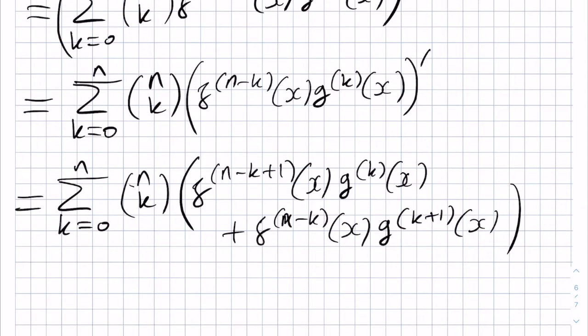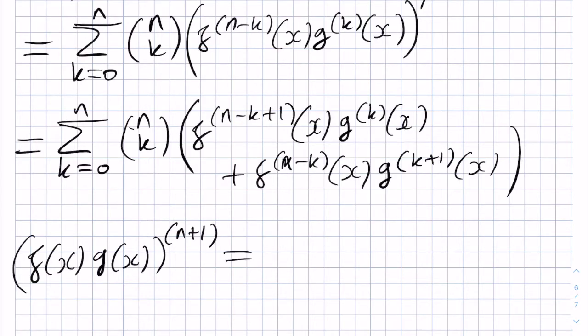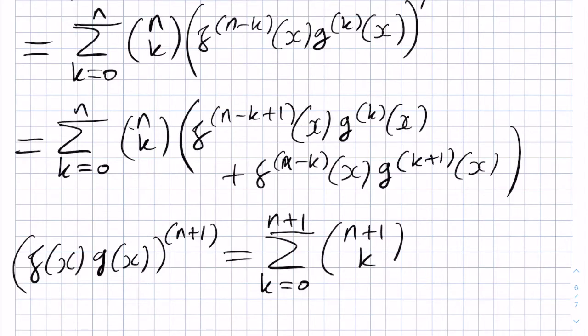At this point, it's worth stepping back and considering what we want to show. We want to take f of x times g of x, differentiate n plus 1 times, and get the sum from k equals 0 up to n plus 1, and then n plus 1 choose k with f n plus 1 minus k derivatives and g with k derivatives.